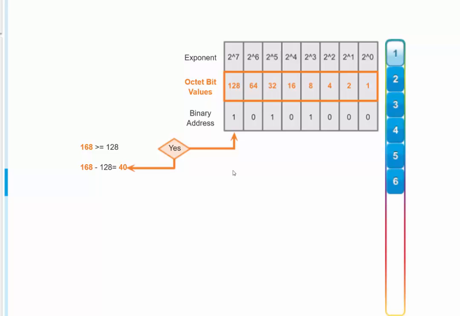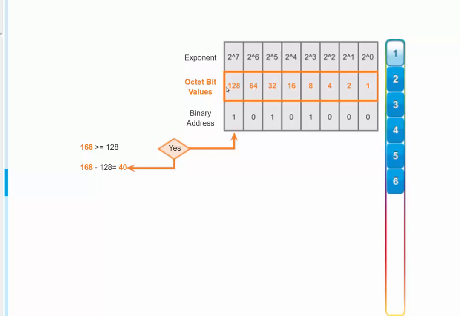So if we have a decimal number, we first need to see whether it's greater than the most significant bit, which corresponds to 128. If it's greater than 128, then we put 1 here, and then we subtract 128 from the original number.